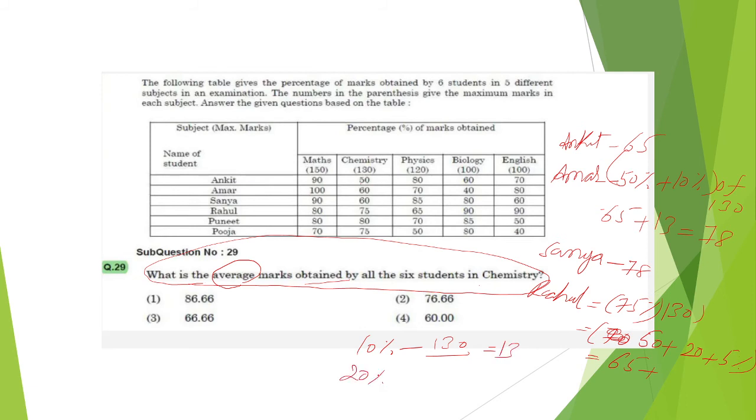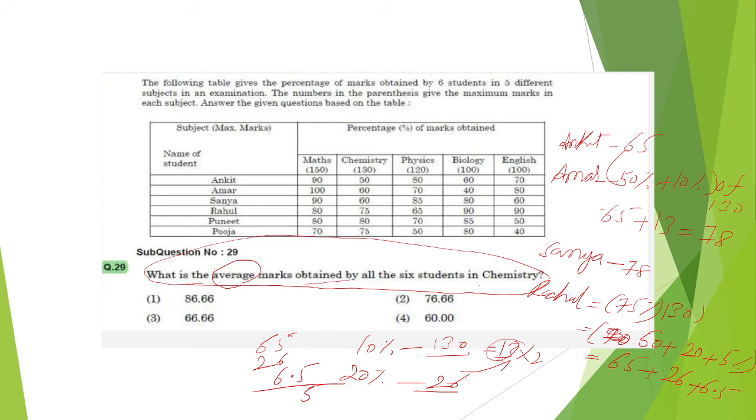Then 20 percentage is 26. Then 5 percentage: 10 percentage is 13, so 5 percentage means 6.5. So 65 plus 26 plus 6.5.